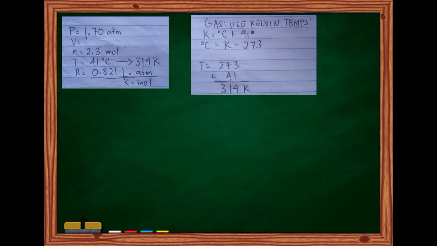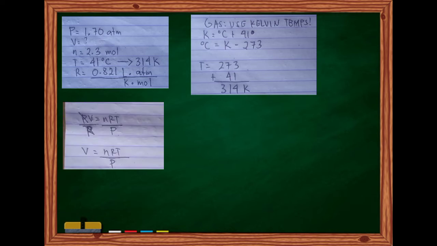So the temperature will be 273 plus 41, and we have 314 Kelvin. Look at the variables up here and compare their units to the units on R; we want them to be the same.